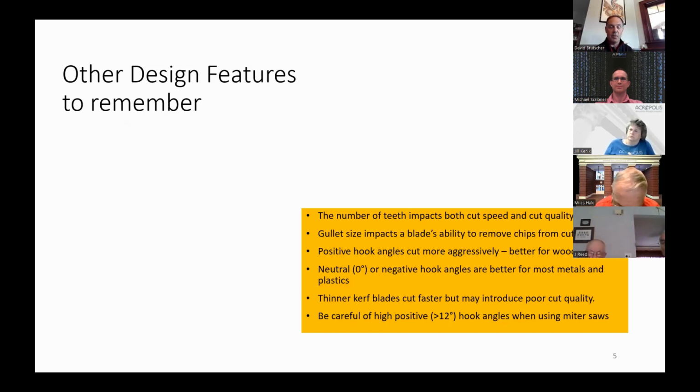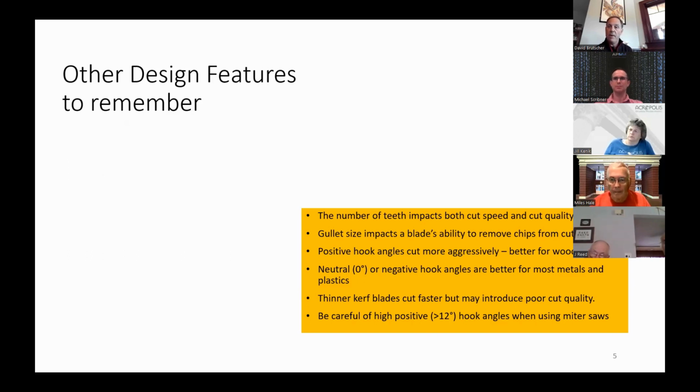application, it's perfectly acceptable. And then moving down, thinner kerf blades are going to cut faster because they're not removing as much material, so they're not doing as much work. But they may introduce poor cut quality. Generally speaking, most woodworking saw blades are going to have around a 1/8 kerf, so a kerf width of .125 inches. That's generally what you're going to see from all the major manufacturers.